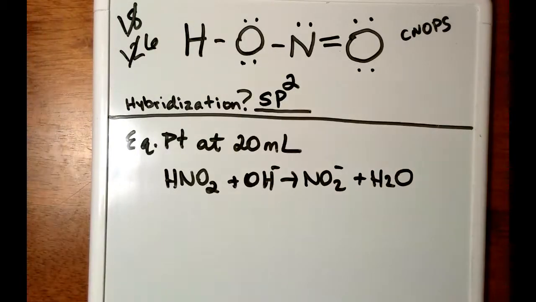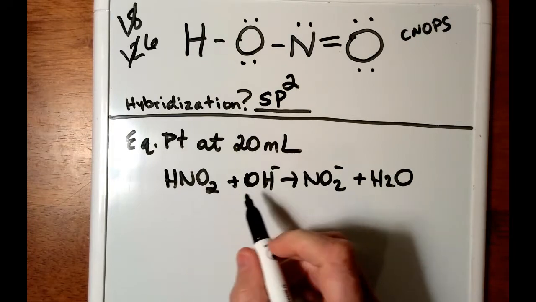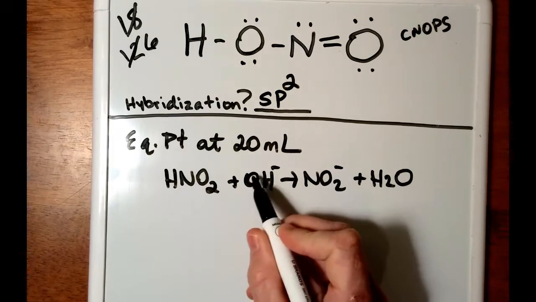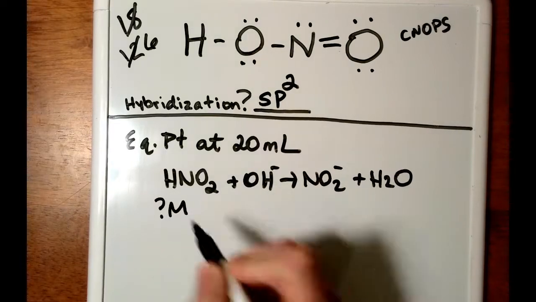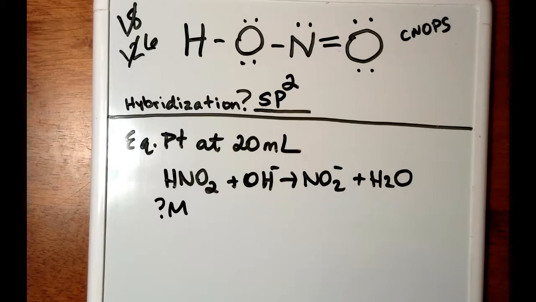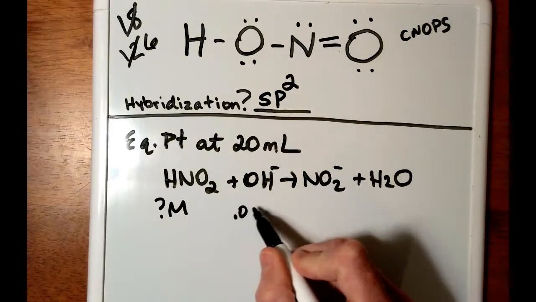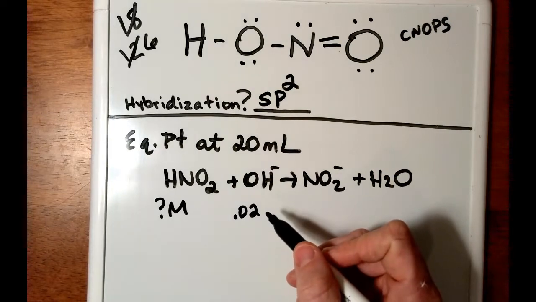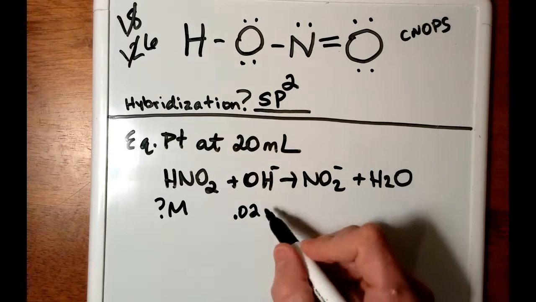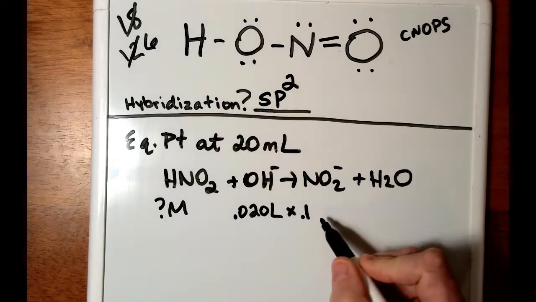So we could solve for the moles of the OH minus and use that to help get the molarity of HNO2, which is what we've been asked to solve for. So we know that it's 20 milliliters, so 0.02, let me double check, just 0.020 liters, and we'll multiply by 0.1 molar.